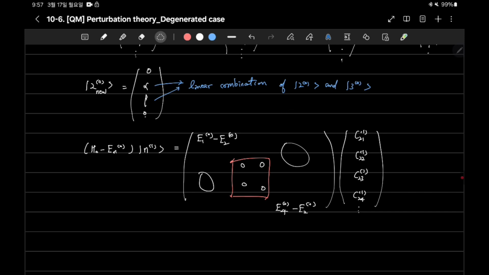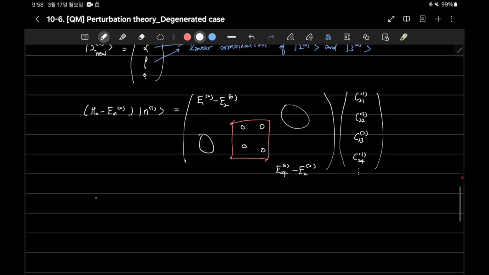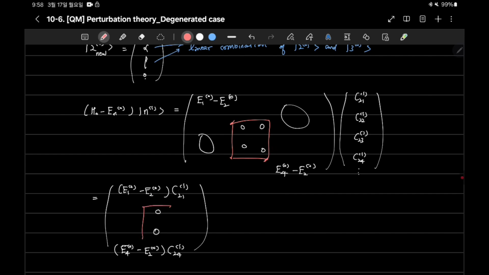Then here we calculate: the first row is E10 minus E20 and C21 first order, and here the second and third are equal to 0, and here E40 minus E20 and C24 first order. Let's keep in mind that this corresponds to the zero case. It is the left-hand side.